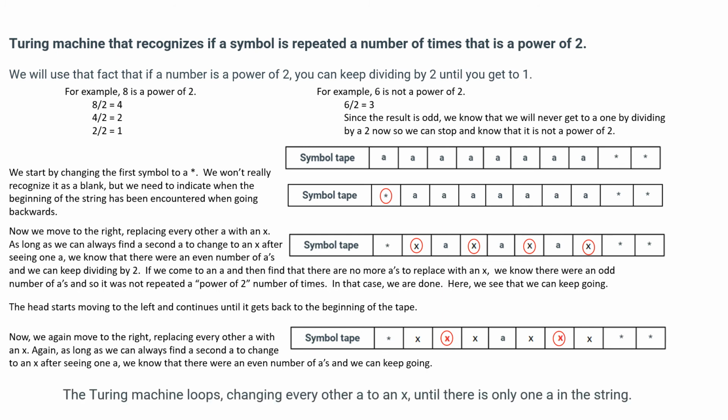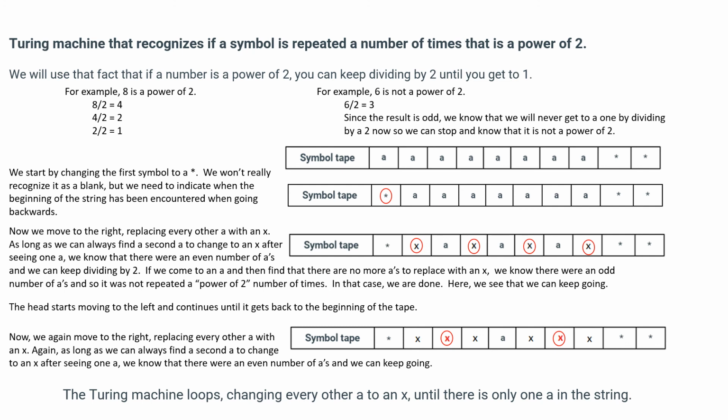We're going to move to the left all the way to the front, and then again change every other A to an X. So we would do that one more time, and I'm not sure that I have a picture of that, but this second A that we see in the tape would then get turned into an X as we go through it again, because we're doing every other A.